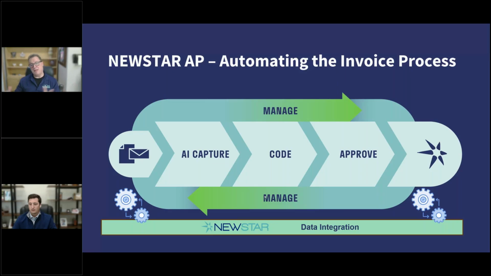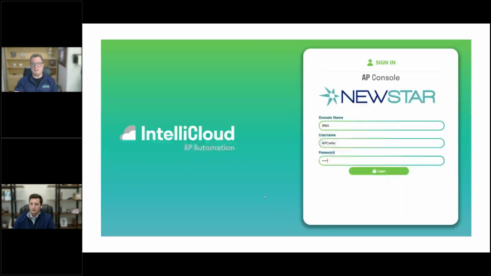It may or may not require other validations, other approvals, but ultimately it goes directly into Newstar in a manner where you don't have to manually update and key that information. It automatically goes in. So high level, that's what we're looking at. And that journey and that broad level life cycle applies to any invoices processed in the system.